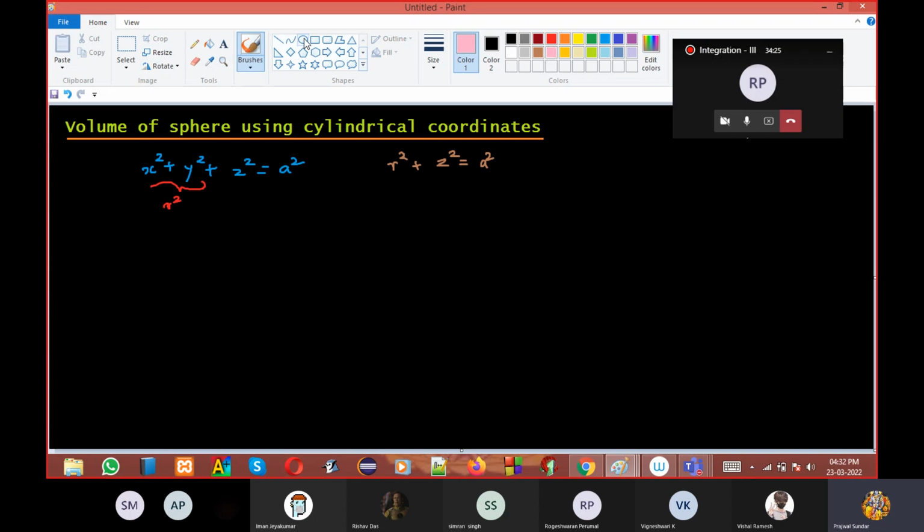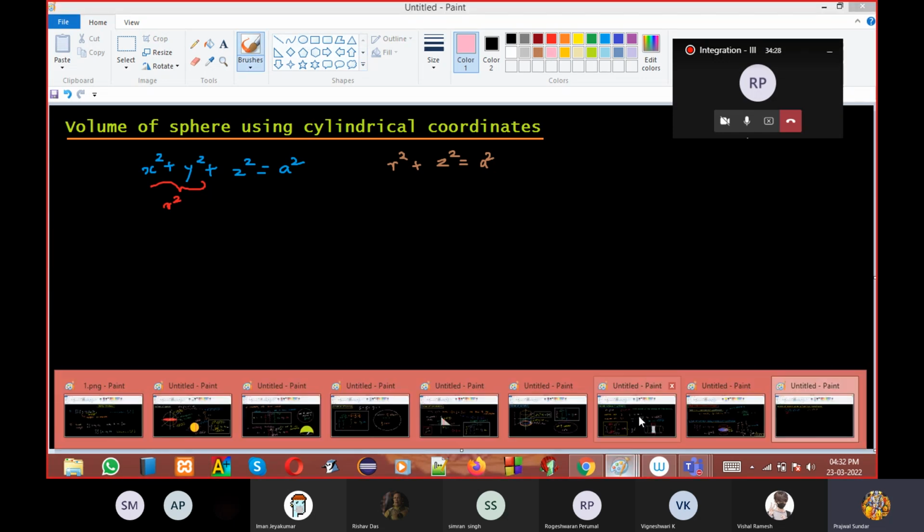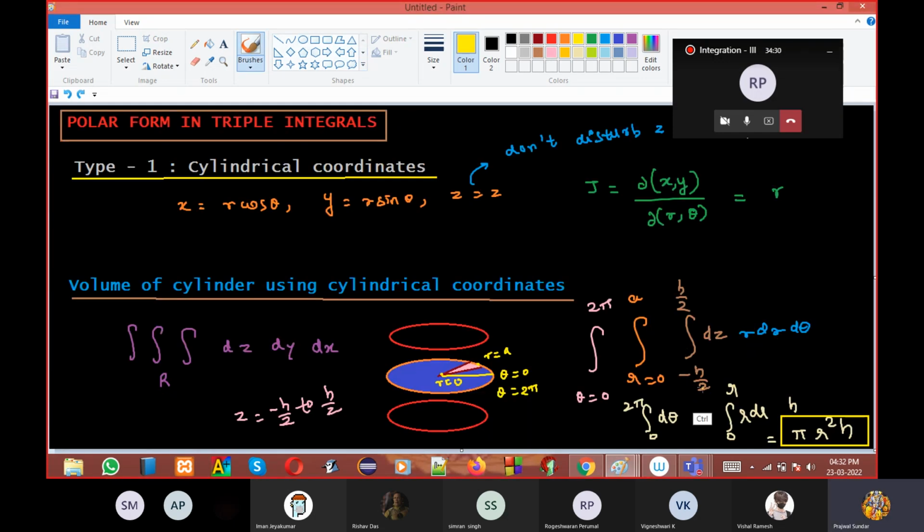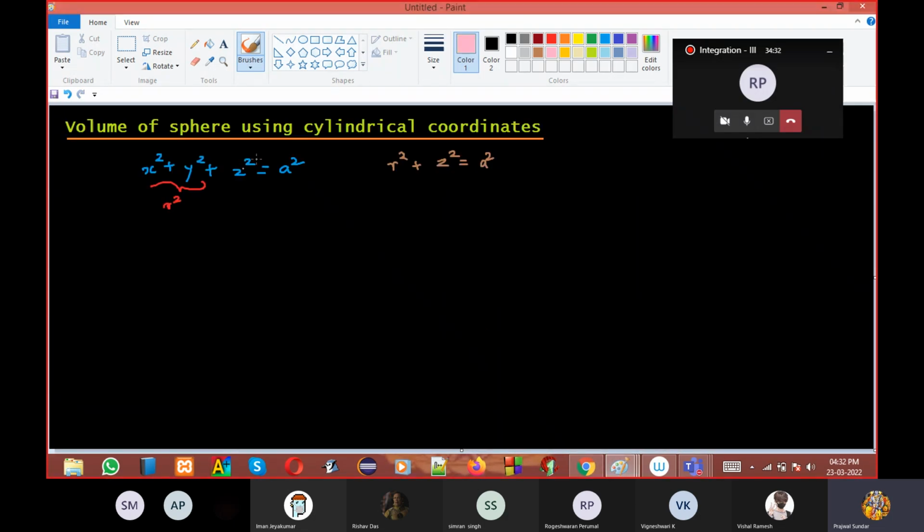What I'm doing is taking the same thing as here, but the limits will not be minus h by 2 to h by 2. The limits will change. What are the limits for z here? Someone try now. I want someone to try.